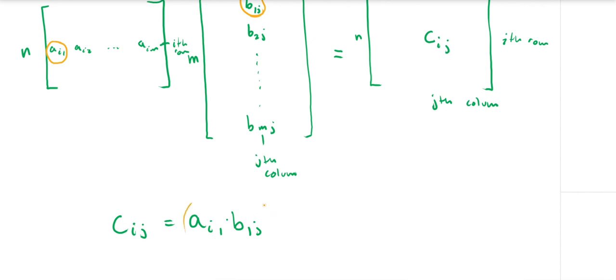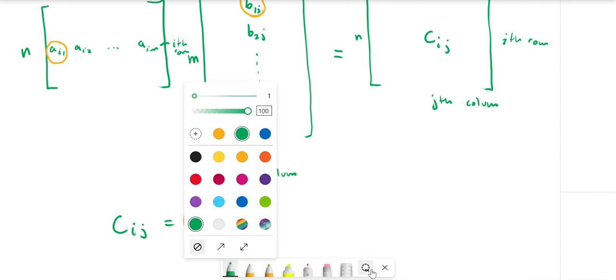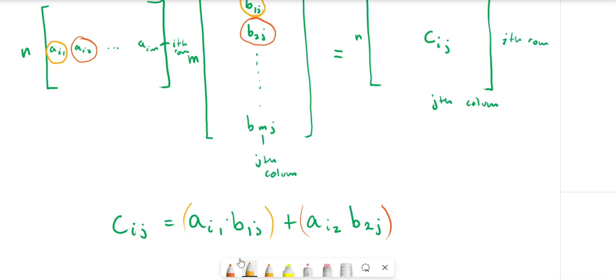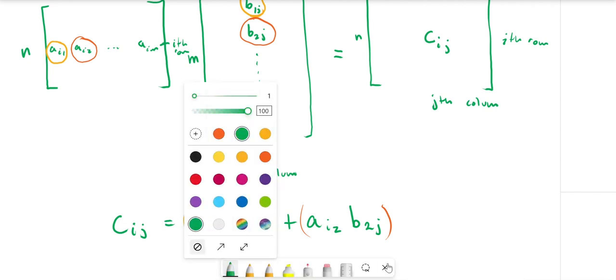That's this element right here. And then we are going to add to that the next pair. So I'm going to take Ai2 and B2j, and I'm going to multiply those two together to get some number here. And I'm going to add that to the first product. And we're just going to keep doing this the entire way down.